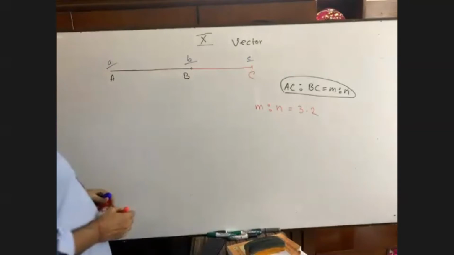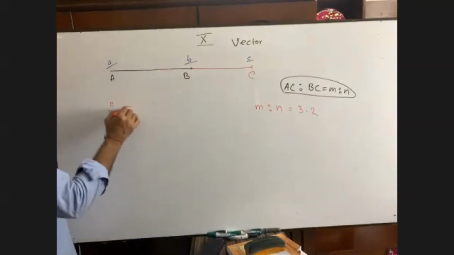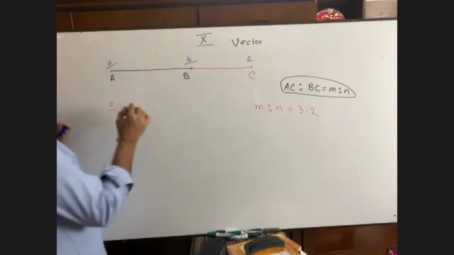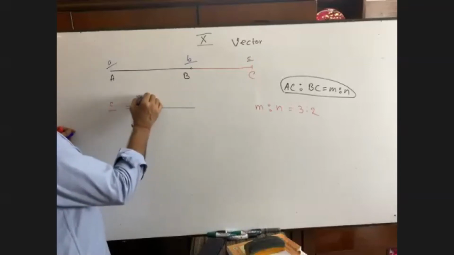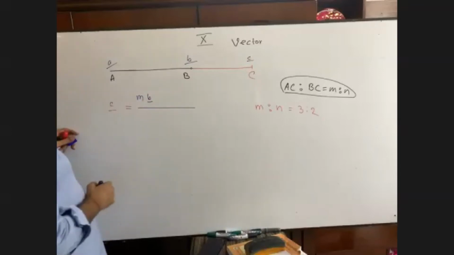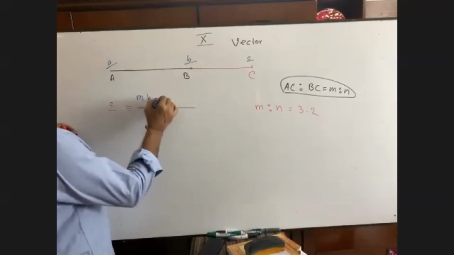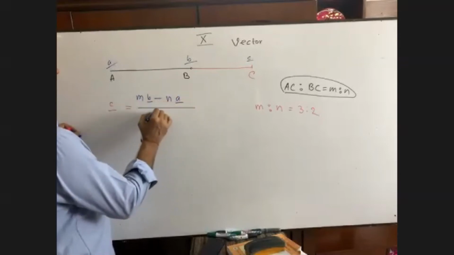Now, can you please let me know what will be C? C equals to what? What is the formula? At first, let me know. MB minus NA divided by M minus N.